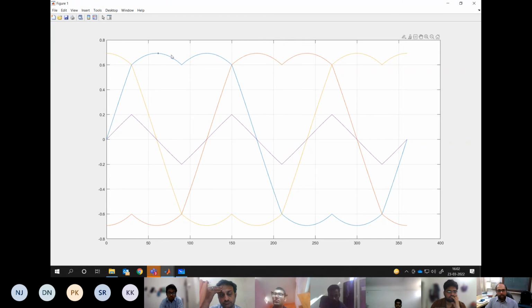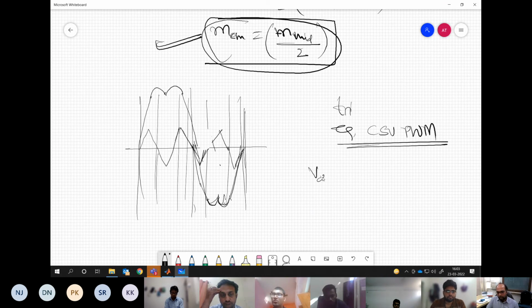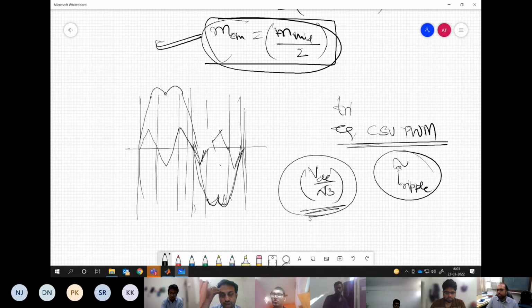And this is the resultant modulating signal which would give equivalent DC bus utilization for our triangular carrier based PWM, and not just DC bus utilization but also the best current ripple. In case of third harmonic injection, we have seen we can get either the best DC bus utilization or the best current ripple. Here, this has the capability to give both together.